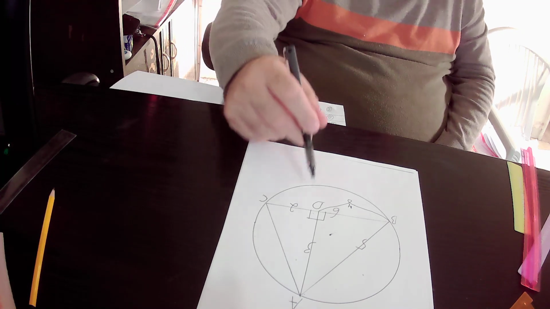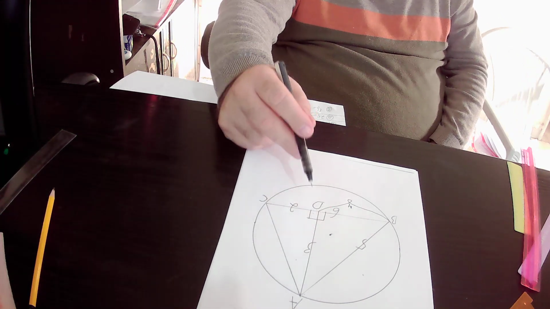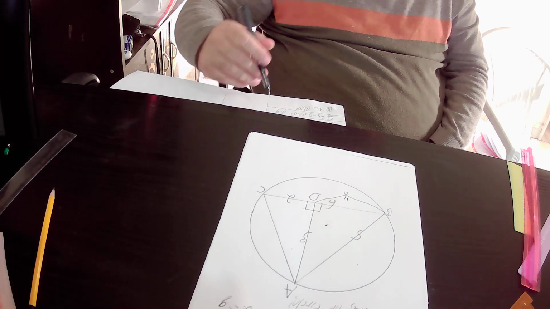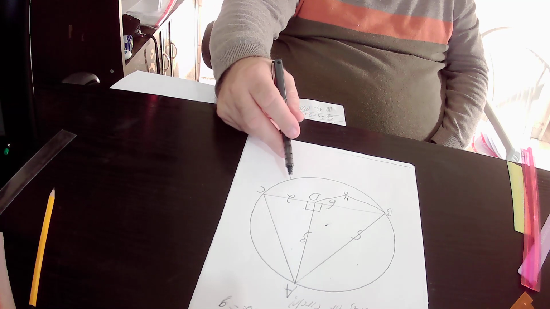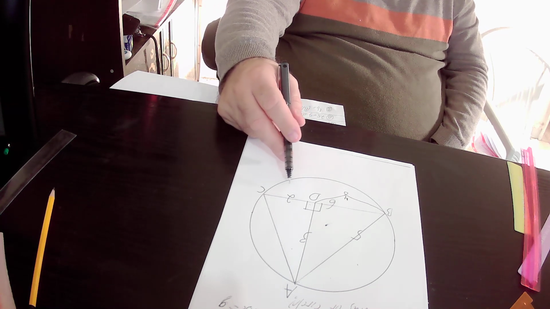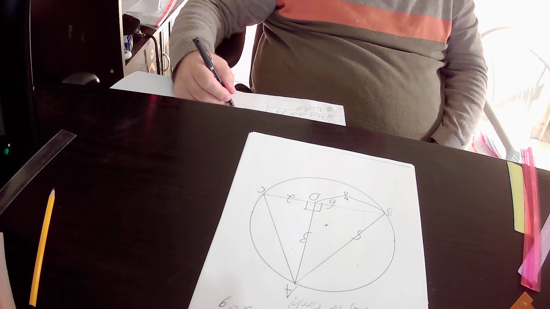equals AD square. Here AD equals 3, so AD square will be equal to 3 squared, that is 9, plus DC square. DC equals 2, so DC square will be equal to 2 squared, that is 4.